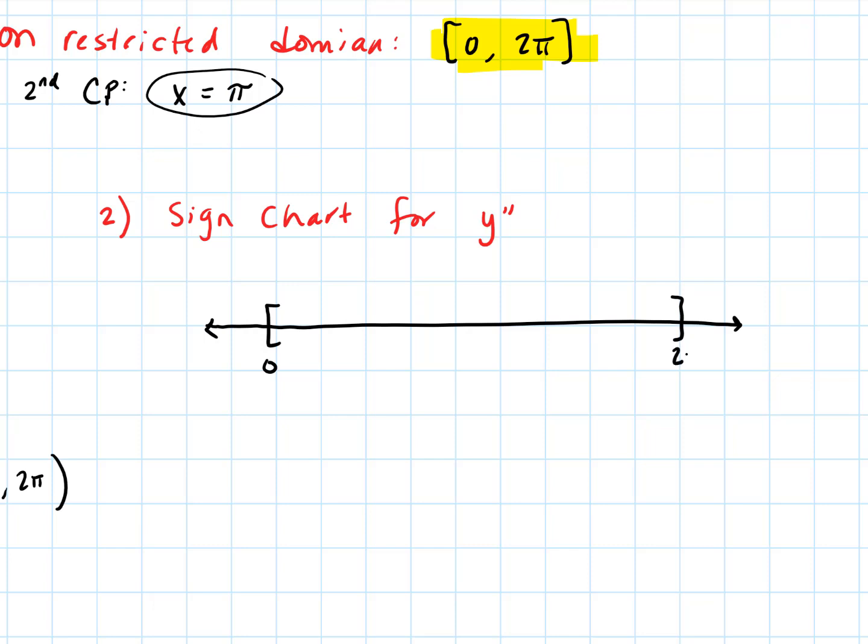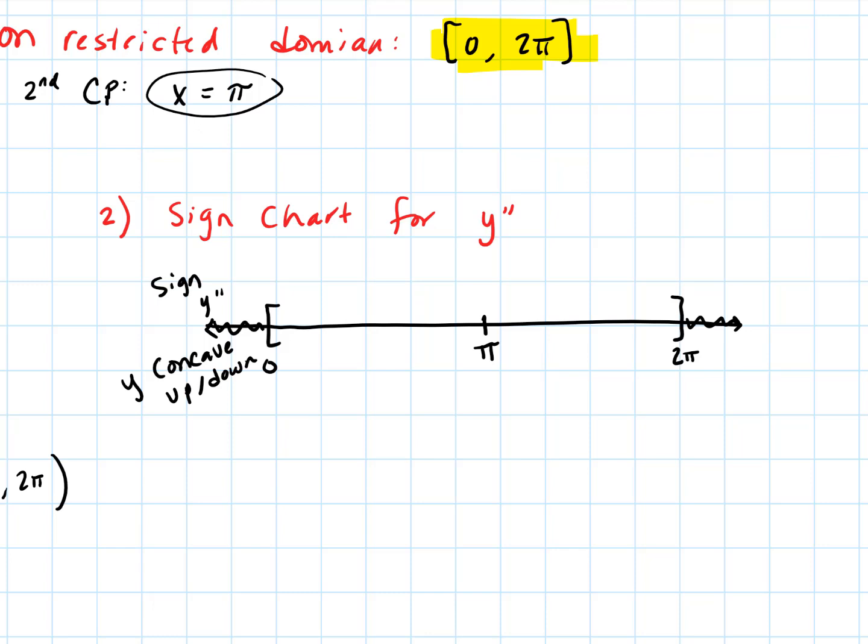Again, we have a restricted domain, so we're only looking at it from 0 to 2 pi. We had just that one critical point that falls in that interval, so we put pi on there. We are looking at the sign of the second derivative, and it's going to tell us about the concavity. It's going to tell us where y is concave up or down.